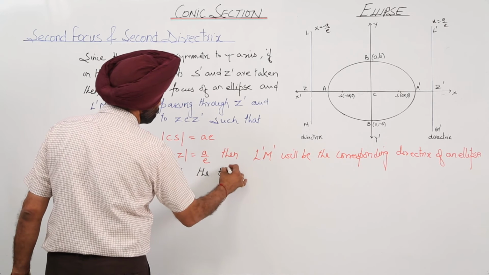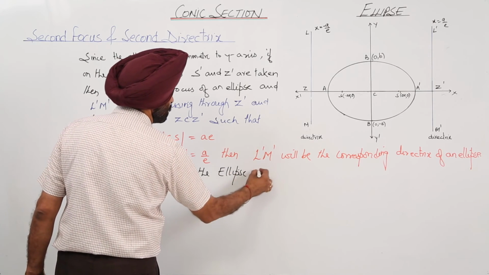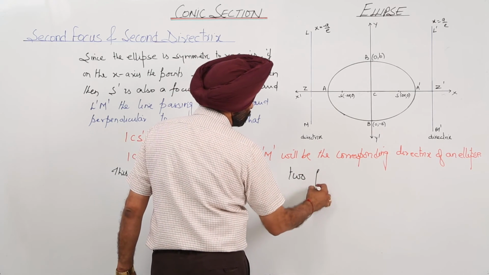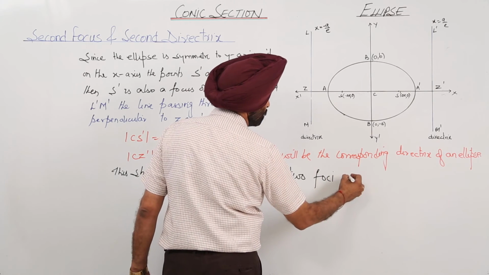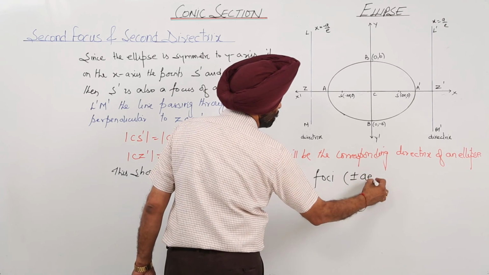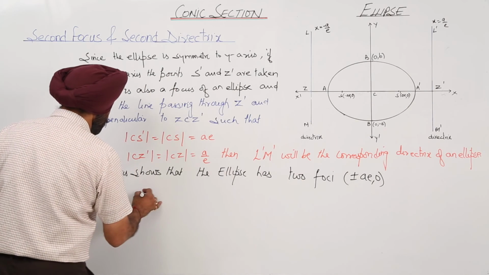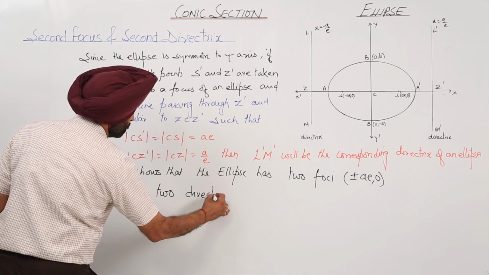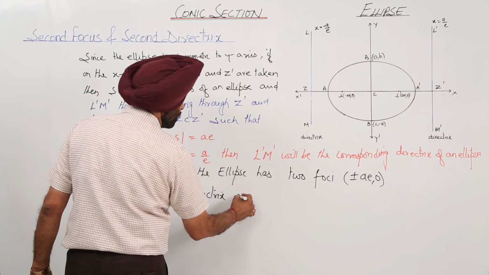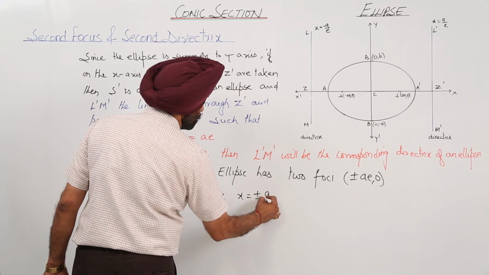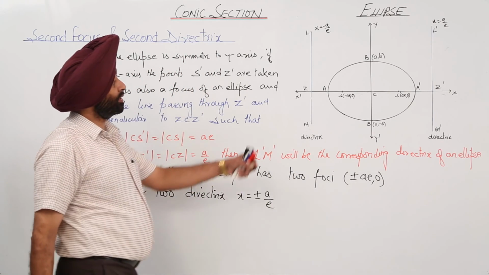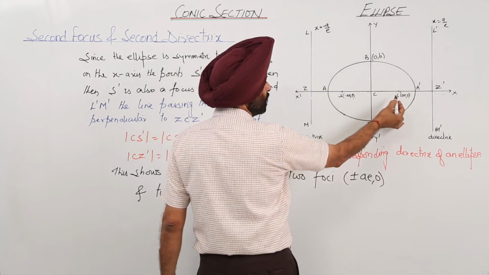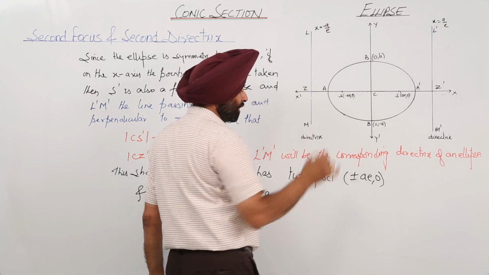the ellipse has two foci that are plus minus AE comma 0 and two directrices that are x is equal to plus minus A upon E. I have already mentioned x is equal to negative of AE and x is equal to positive of AE for the coordinates of the focus, AE comma 0 and negative of AE comma 0.